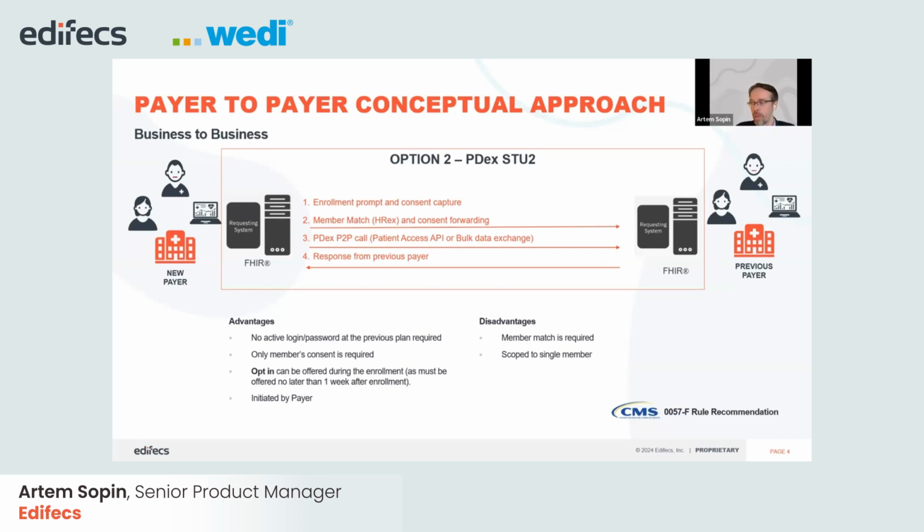During the DaVinci calls, we are looking for ways to create a group resource, basically to attribute multiple members at once and say, hey, I have enrolled 1,000 members in a new plan, and I see that 500 of these members belong to the previous plan B or something like that.